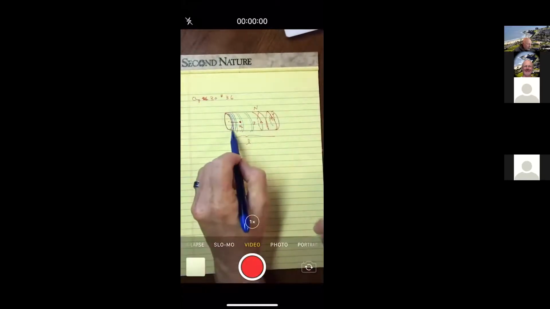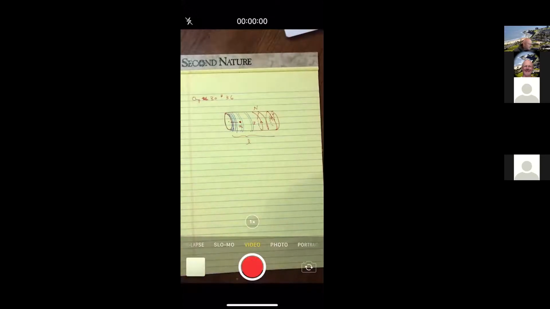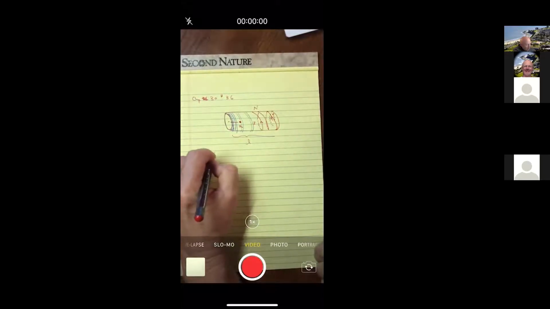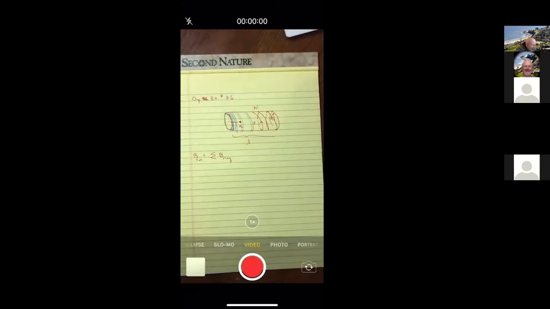You would have a ring and a ring and a ring and a ring. And so the logic I'm trying to get at here is that if you wanted to find the total magnetic field, you would begin by saying it's the sum of the magnetic fields from a bunch of rings.